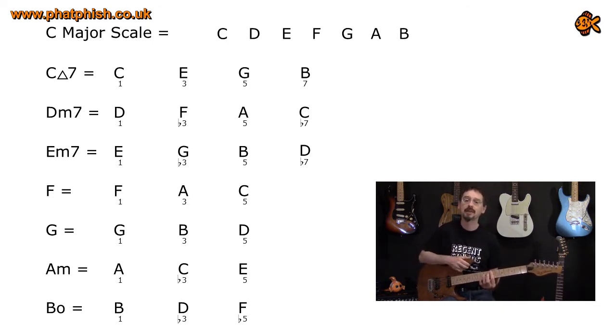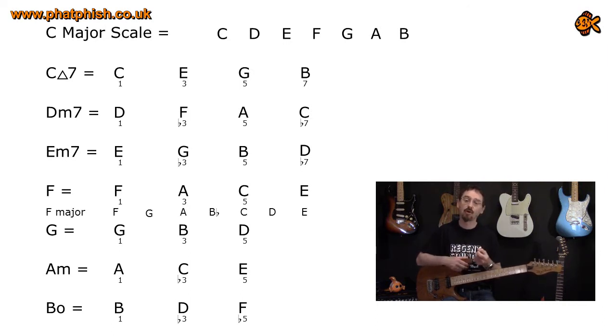Going up to the next degree, F, we have F, A and C, 1, 3, 5, built on a major triad. Going to the C major scale, taking alternate notes based on F: F, A, C, and the next alternate note up is E. If we add that into the chord, look at the notes involved in the F major scale. E belongs to F major, so we don't need to alter it in any way.